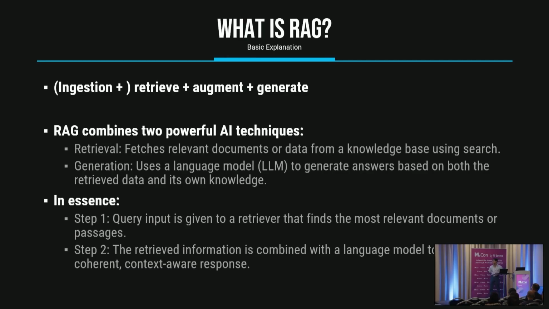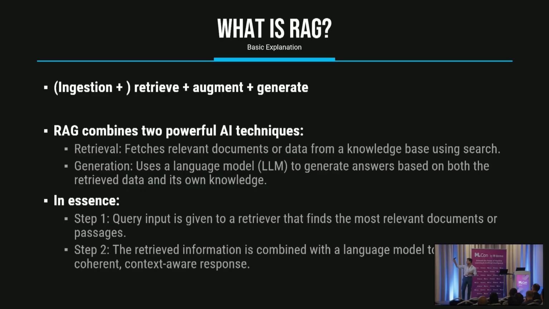RAG stands for Retrieval-Augmented Generation, and it's essentially a pipeline made of 3 blocks plus 1, so 4 at the end. Retrieve, augment, and generate, but first ingest. RAG combines 2 powerful AI, generative AI mostly, techniques.